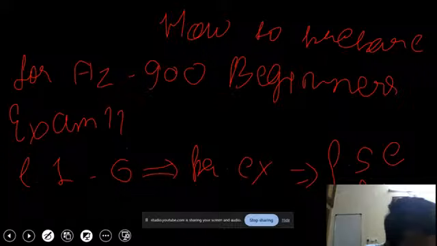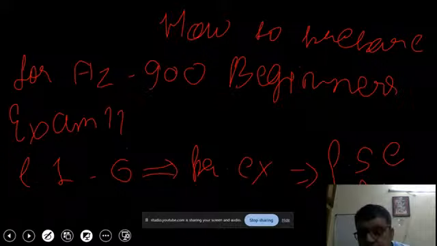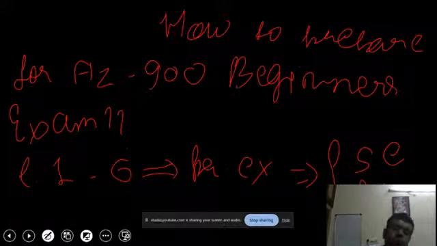Okay, this is the whole process. From here, you can take a screenshot, and this is all listed on the Microsoft exam portal too, so you can see it from there. The choice is yours. The option is yours.